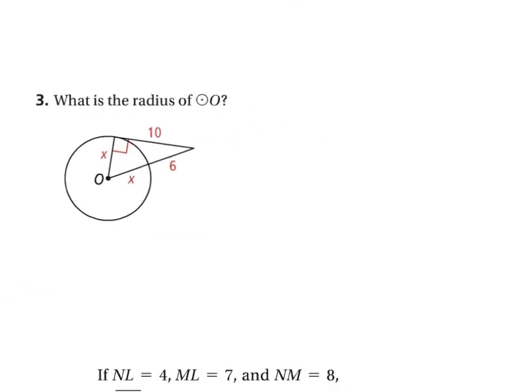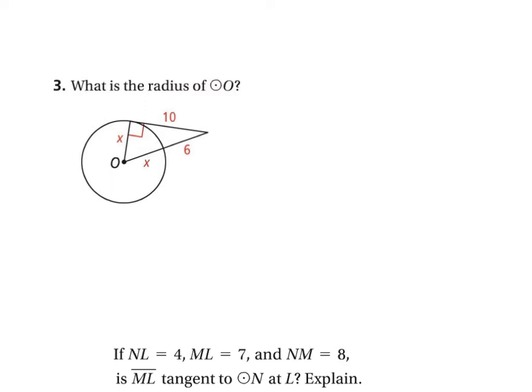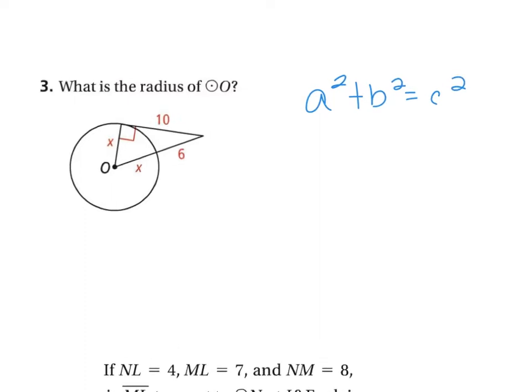Okay, one more exactly like this. Please make sure you're writing this down because I know it's a little difficult. So we still have our Pythagorean theorem, a squared plus b squared equals c squared. Okay, so now we have our hypotenuse, which is that whole thing.